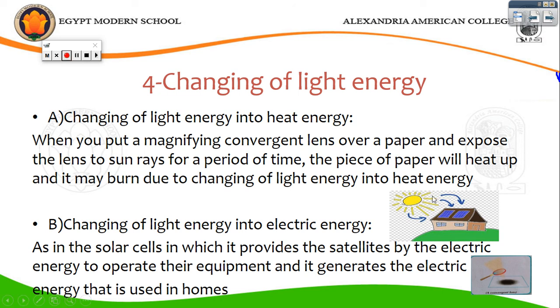Changing of light energy into electric energy, as in the solar cells. We can lighten a full house by the light energy of the sun. Imagine, you can use the light energy of the sun as a natural source to lighten a full house, converting it into electric energy by those solar panels or solar cells.